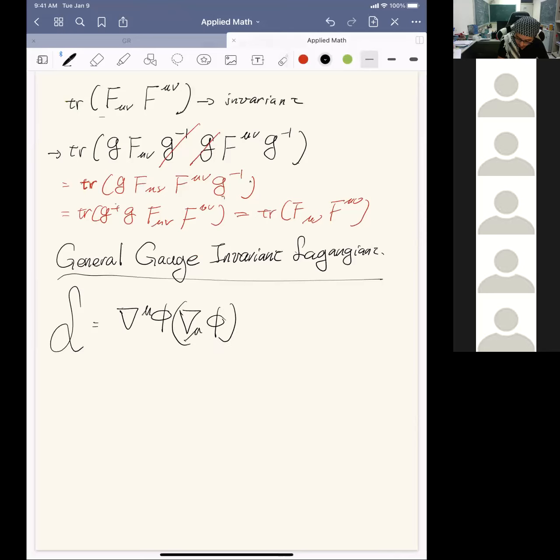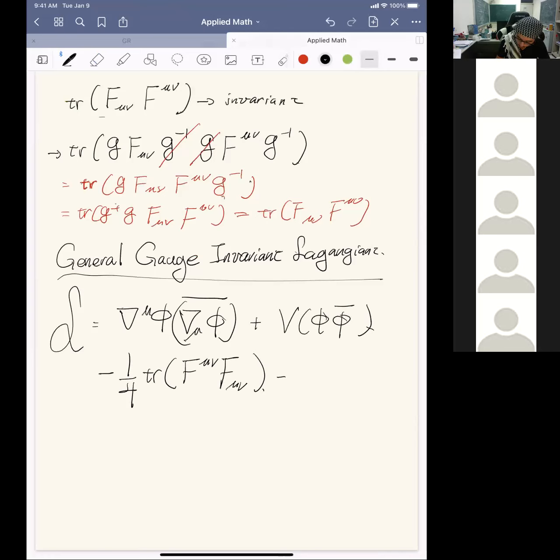And then of course the phi and phi bar can still have some random potential V of phi bar phi. And then we're going to have minus 1/4 trace of F_μν F^μν.